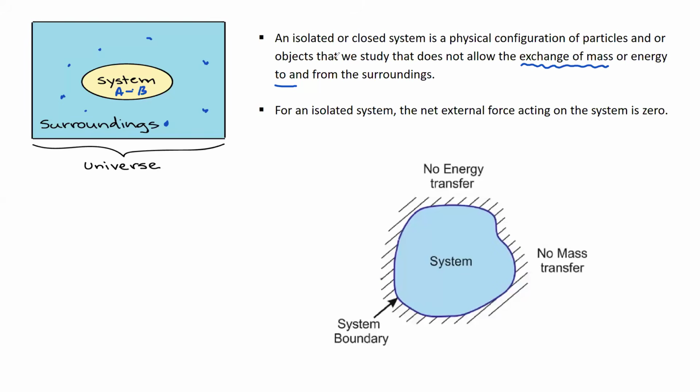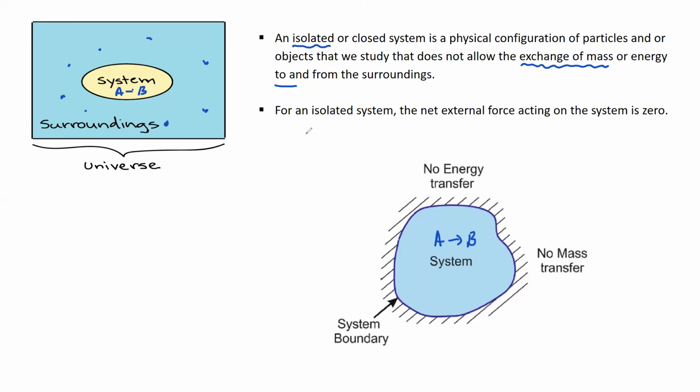But when you say it's isolated, you are saying there is no effect from the surroundings. In physics, for an isolated system, the net external force acting on the system is zero. In other words, nothing outside is affecting what's happening between car A and car B. When you say it's isolated, you are saying the only thing currently happening is car A and car B moving.